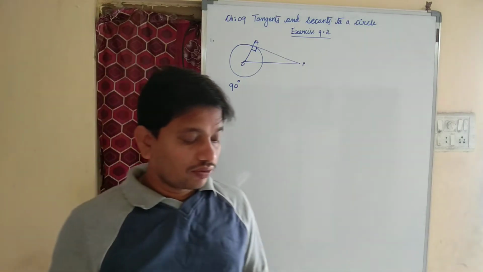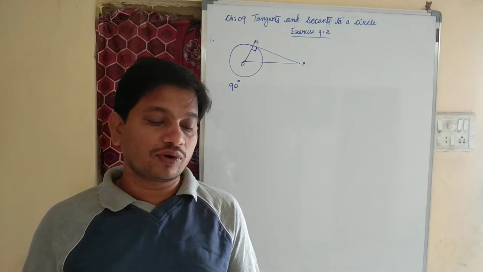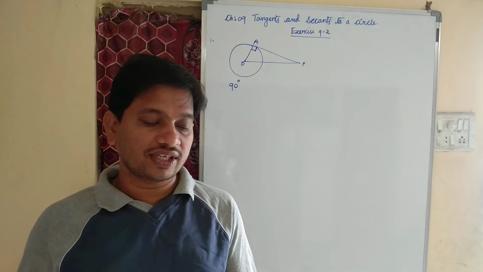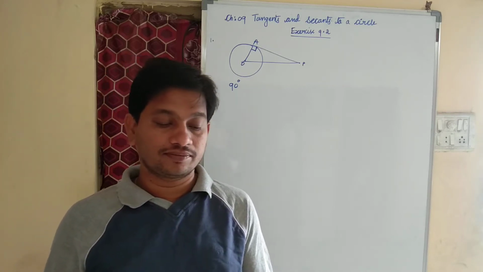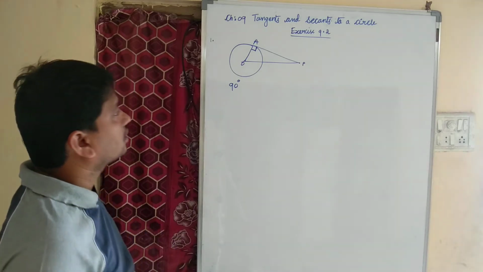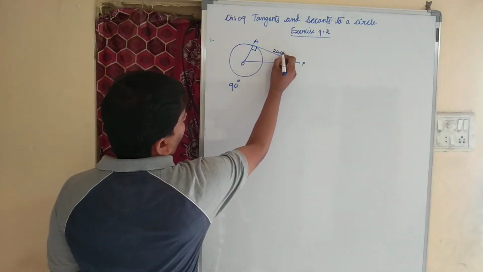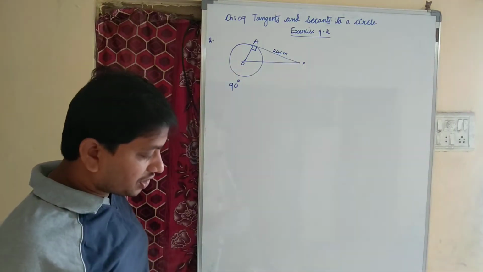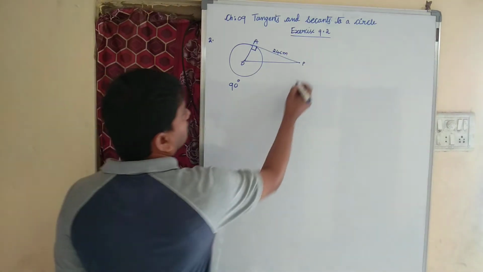Second one, from a point Q, the length of the tangent to a circle is 24 cm and the distance of Q from the center is 25 cm. They are asking to find the radius of the circle. So here they have given the length of the tangent is 24 cm and the distance of Q from the center is 25 cm.